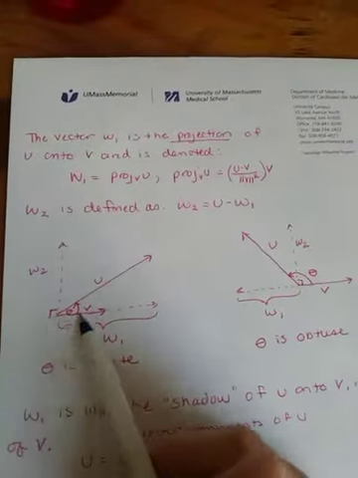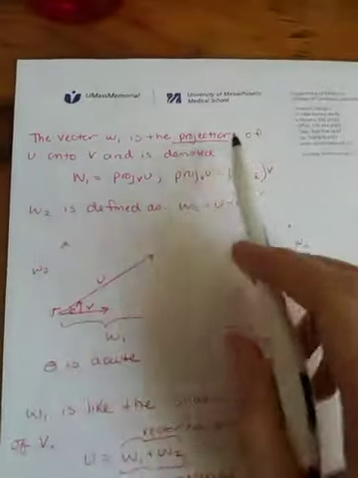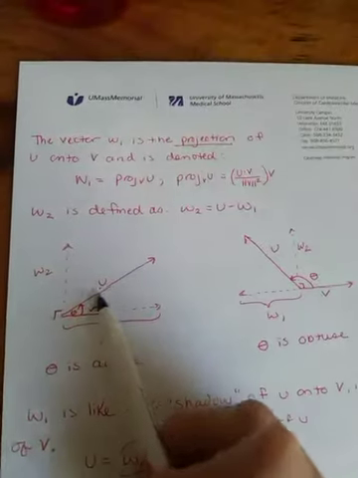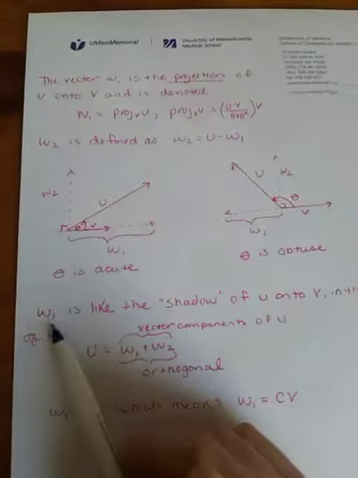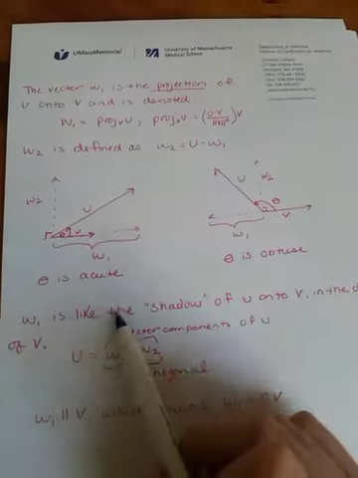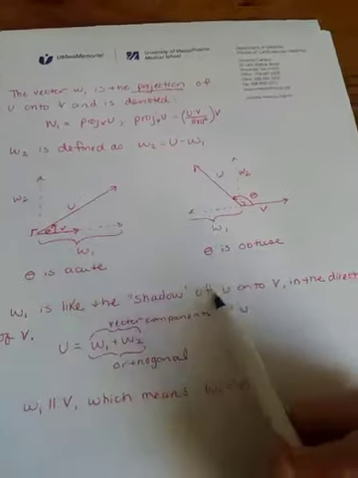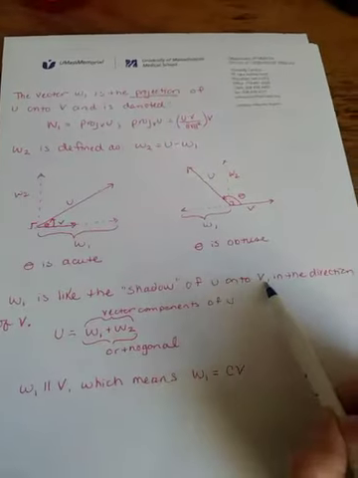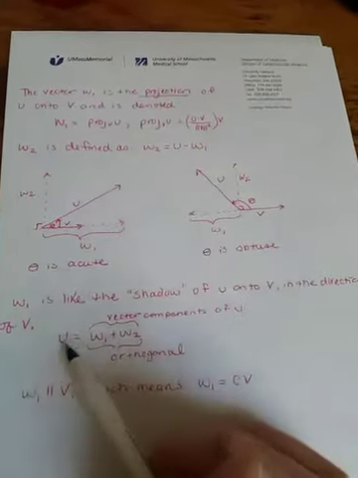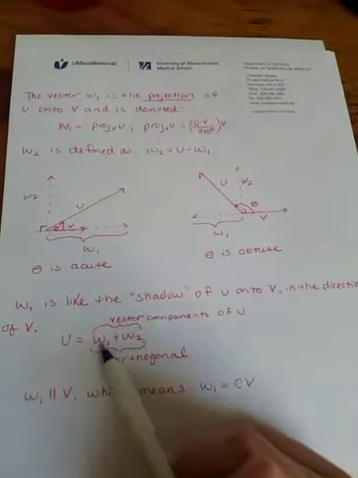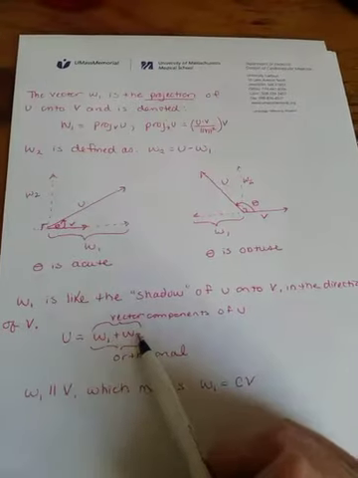W sub 1, like it says up here, is the projection of u onto v. Another way to think of this is that w sub 1 is kind of like the shadow of u onto v, in the direction of v. So again, u is made up of two parts, w sub 1 plus w sub 2.